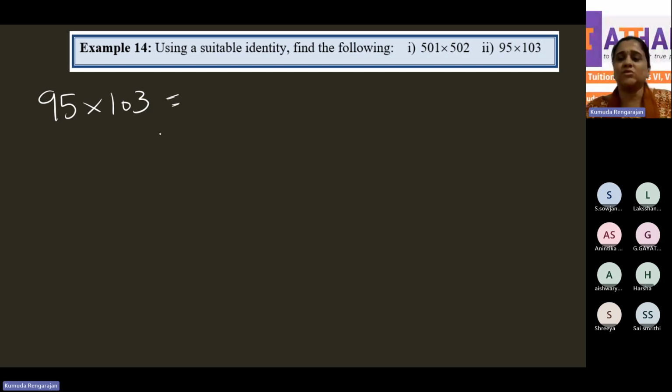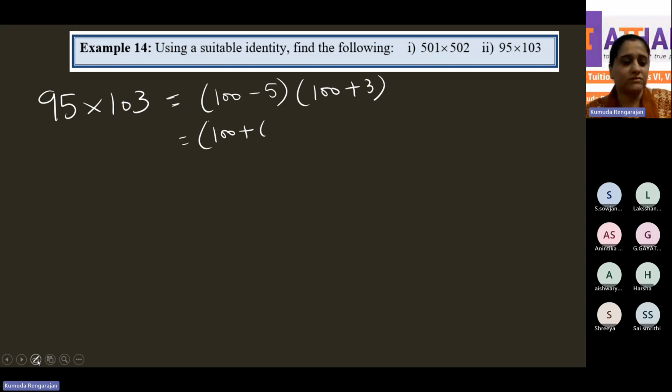So you rewrite the numbers using 100. 95 can be written as 100 minus 5. 103 can be written as 100 plus 3, making it look like 100 plus, of minus, once again. Because it doesn't go with the identity, you need to make it so.